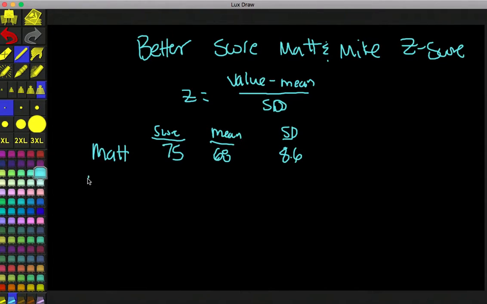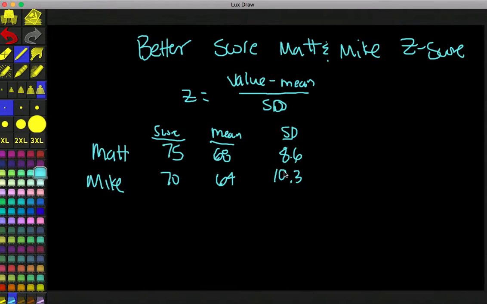Okay, that's for Matt. For Mike, his score was 70. His mean was lower, it was 64, so his teacher didn't teach as well or gave a harder test probably. But we'll see who is actually better in relation to his peers. And then the standard deviation was 10.3.